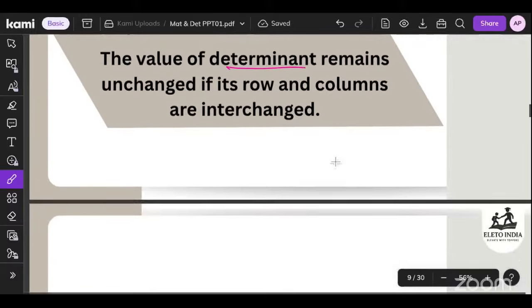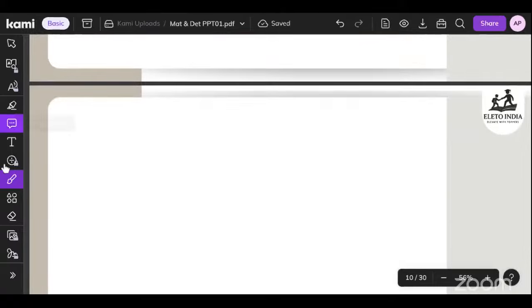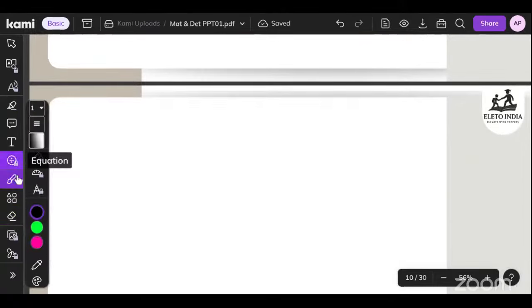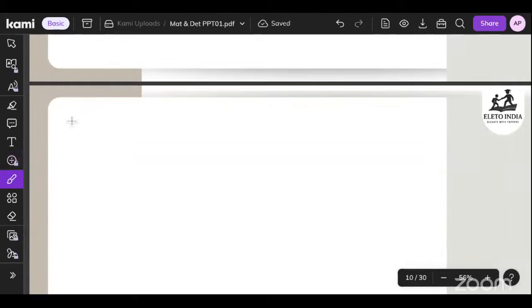Let me explain it with an example. Let us take a matrix which is a1, b1, c1, a2, b2, c2. We can take any matrix, like 3 cross 3, 2 cross 2, or 2 cross 3, but for example it will be easier to understand with this 3 cross 3 matrix.